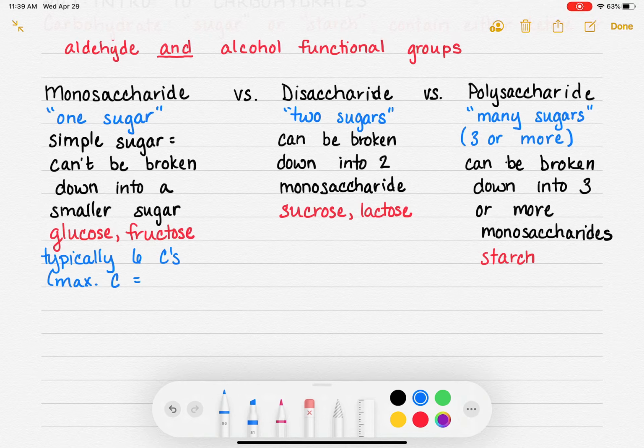Disaccharides typically have 12, which should make sense because a disaccharide is 2 monosaccharides. So if a monosaccharide has 6, then a disaccharide needs to have 12. But again, that's really a maximum for a disaccharide, and we can have some that have less than that. And then polysaccharides are going to typically have hundreds of carbons.